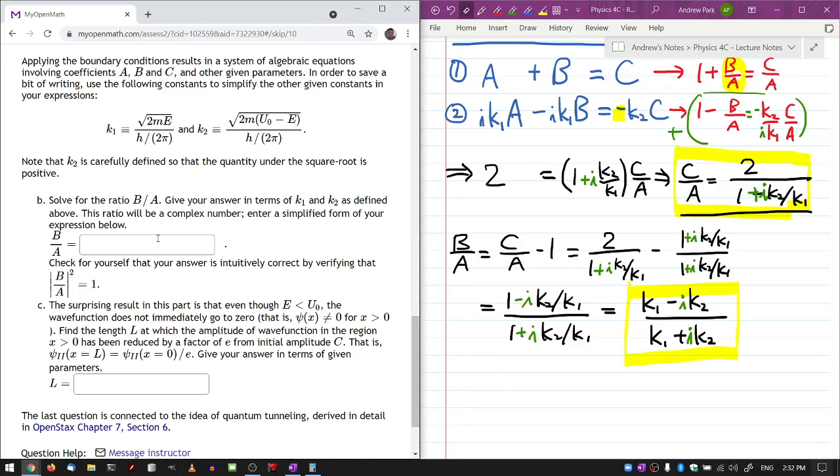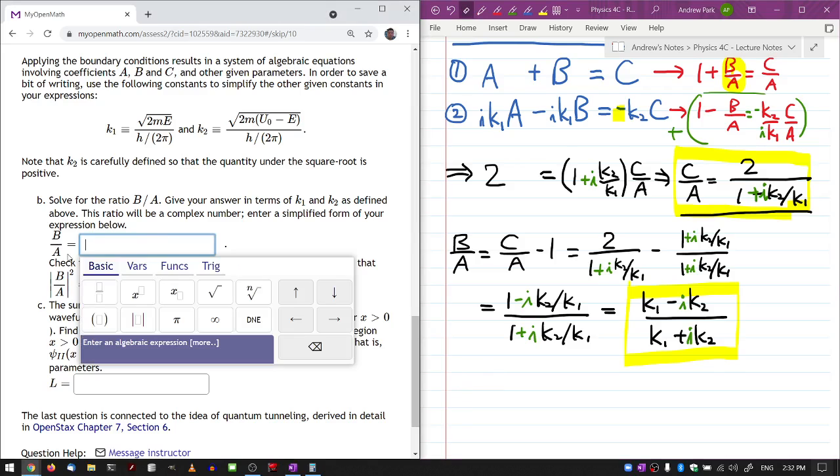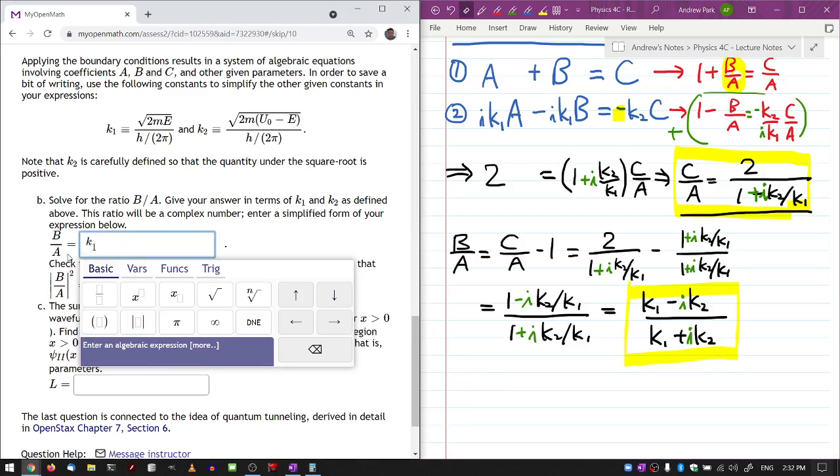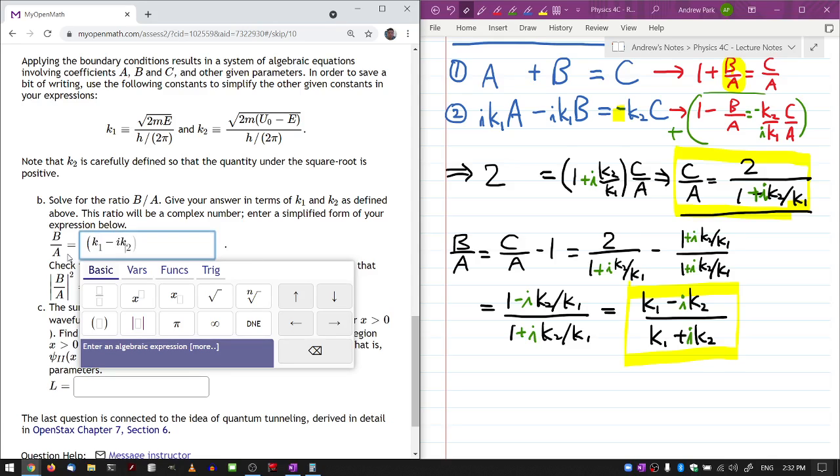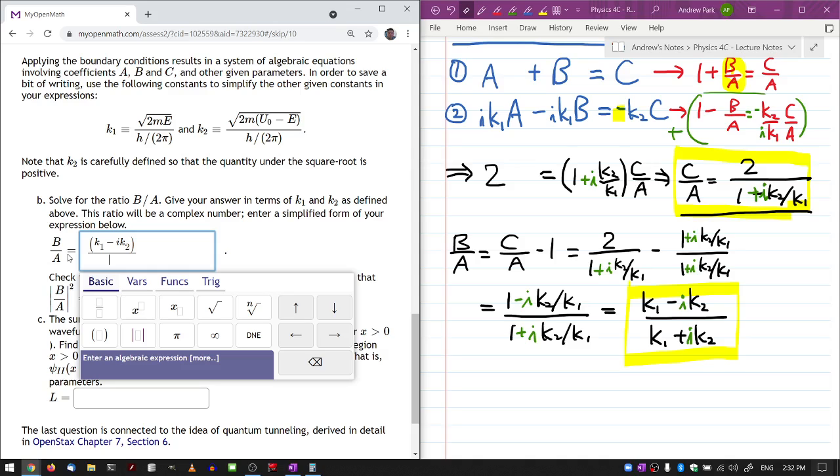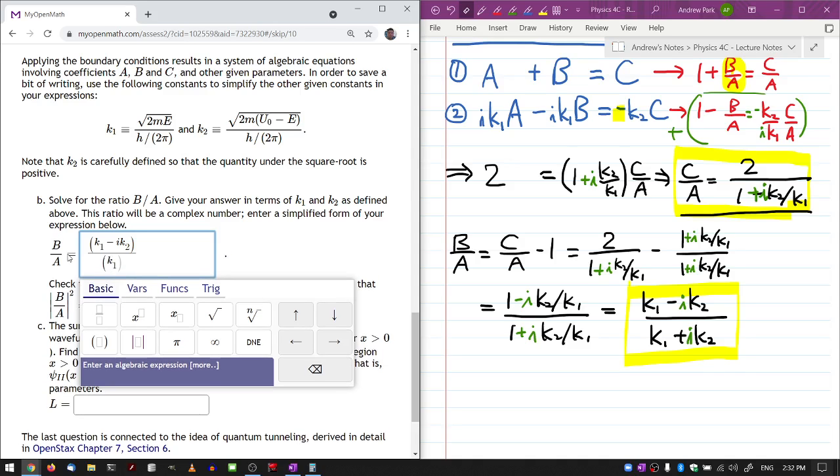Let me answer the question that it's asking. b over a is minus ik2, oh, we forgot to start the parenthesis, divided by k1 plus ik2. So that's the coefficient.